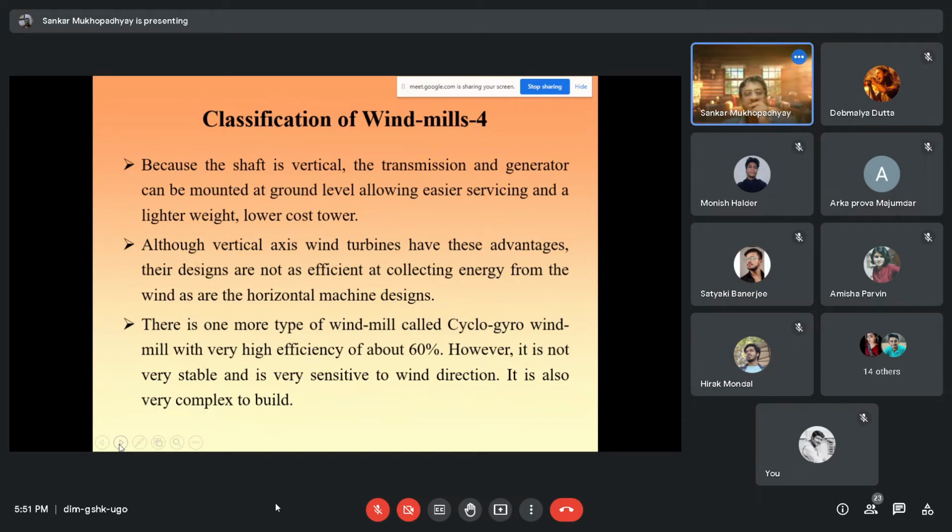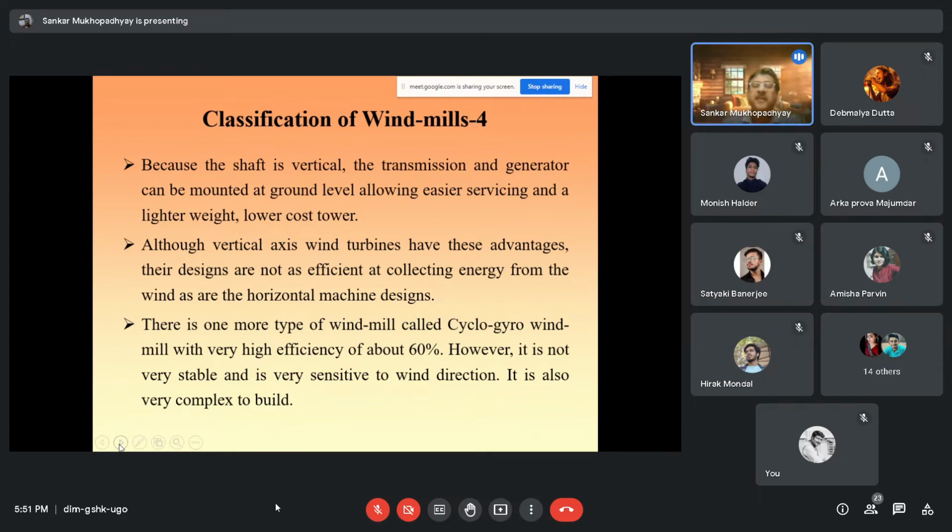I am repeating point number one here. Because the shaft is vertical, the transmission and generator can be mounted at ground level, allowing easier servicing and a lighter weight, lower cost tower. But what is the problem?